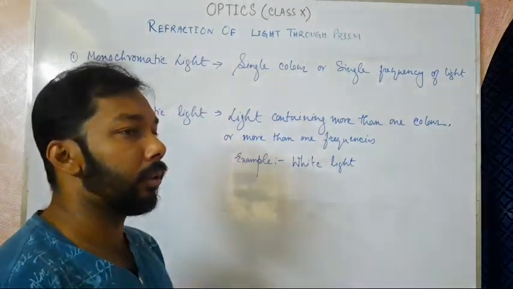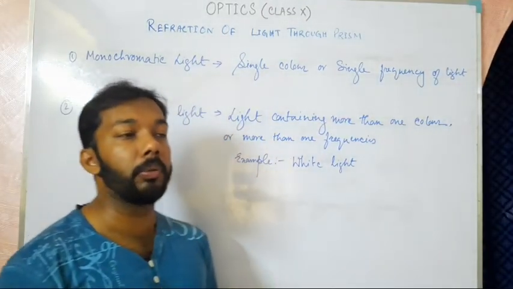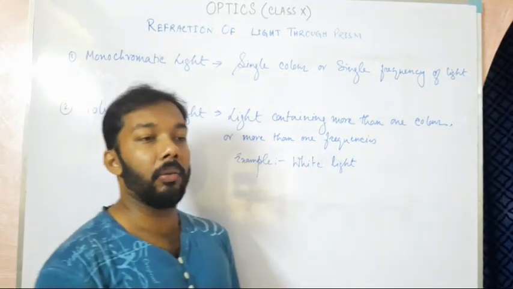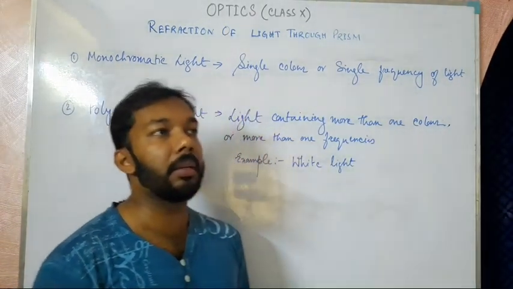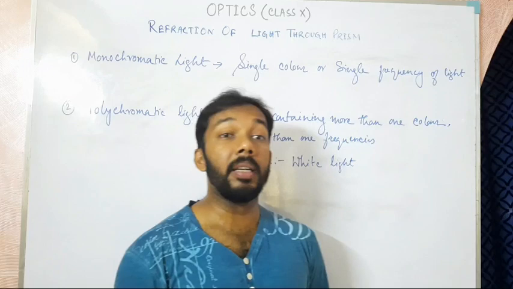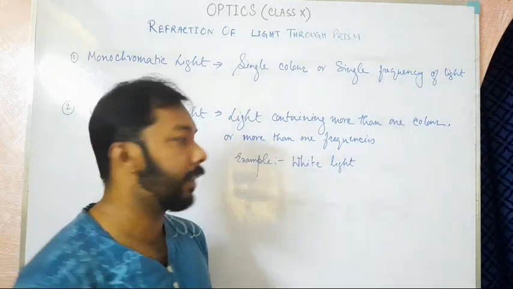One thing we can also do, by one experiment we can also prove there are 7 colors in a white light, and that thing was actually described by Newton, and it is called Newton's ring.